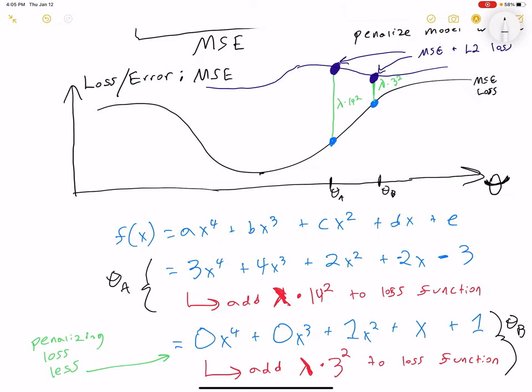So you'd prefer parameter set B for MSE plus L2, because when you're using that loss, parameter set B results in a lower loss value. But if you're using MSE loss instead, then parameter set A results in a lower loss value. And the difference between those parameter sets is the sum of the coefficients, or the sum of the weights.